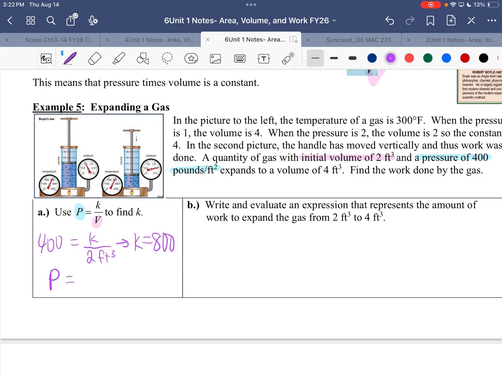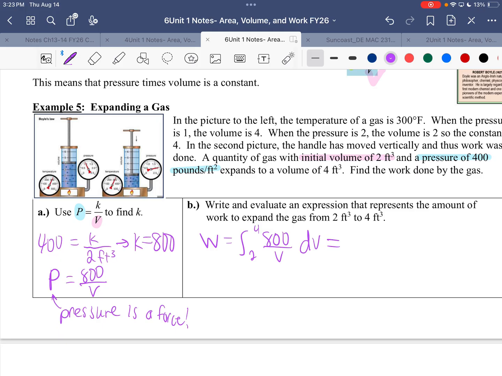So our pressure equation, pressure is also a force, our pressure equation is 800 over V. So what is the work done if the gas is expanding from 2 to 4? What do we think we need to do? What are the boundaries going to be? 2 and 4.